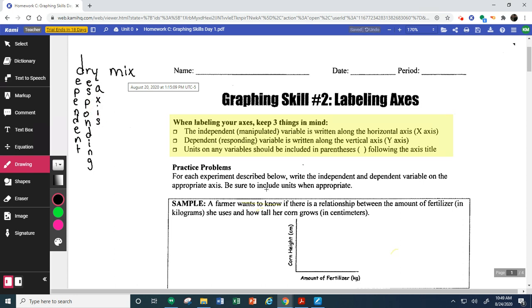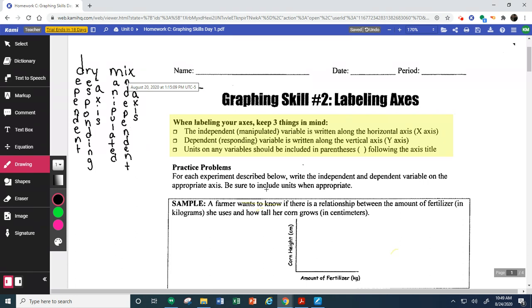The MIX part of it is manipulated, or independent, is always found on your X axis. And I can't get rid of this little dialog box there, so just ignore this right here. Okay? So DRY MIX, again, just helps you keep track of what is going to go on which axes.